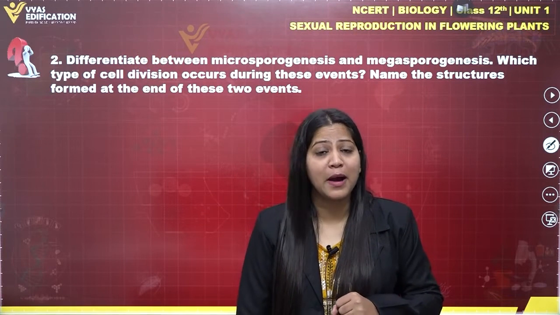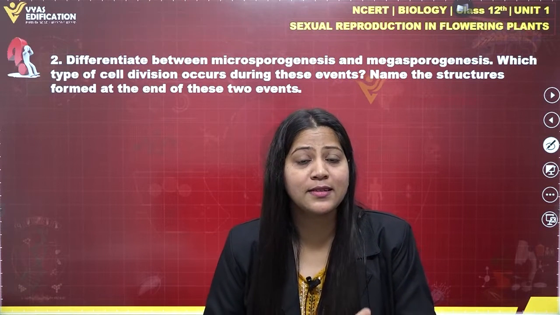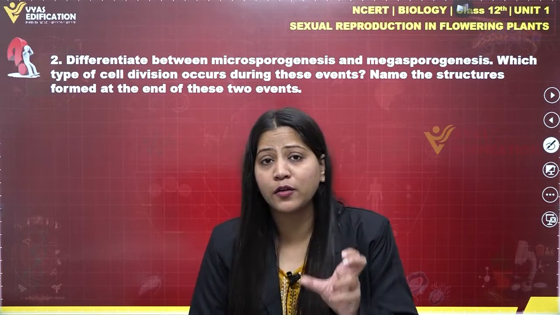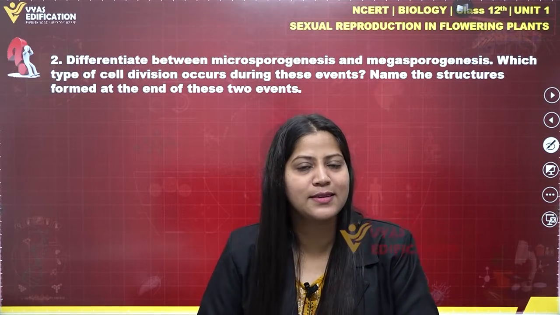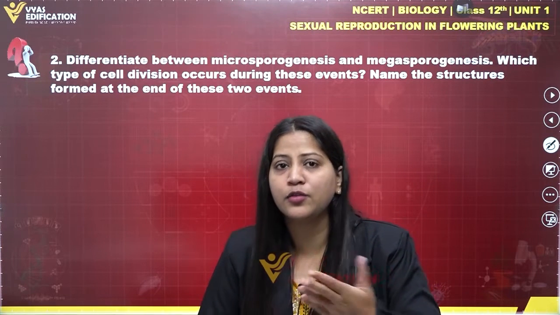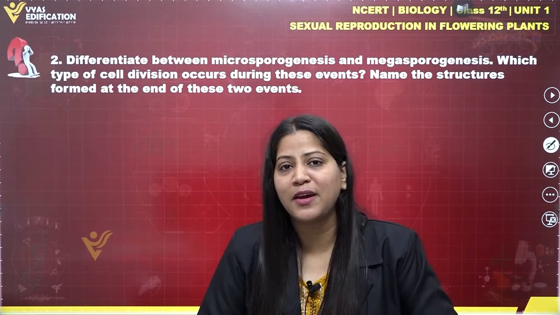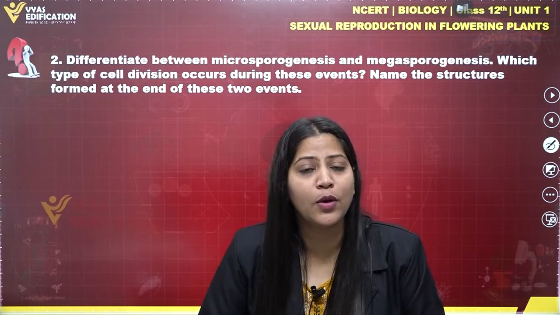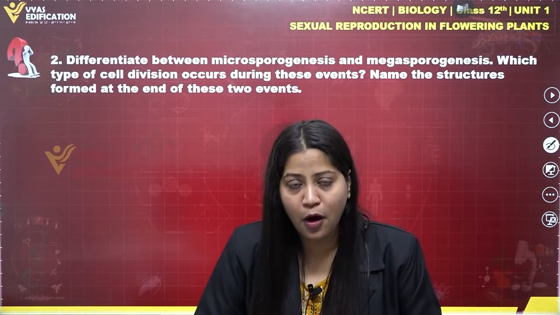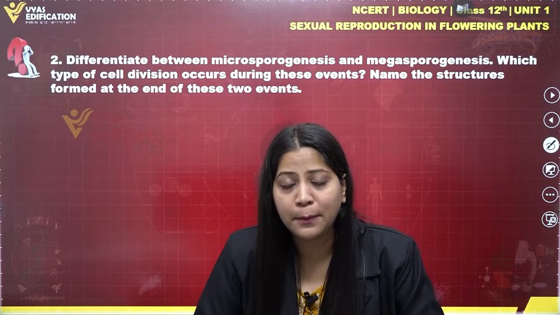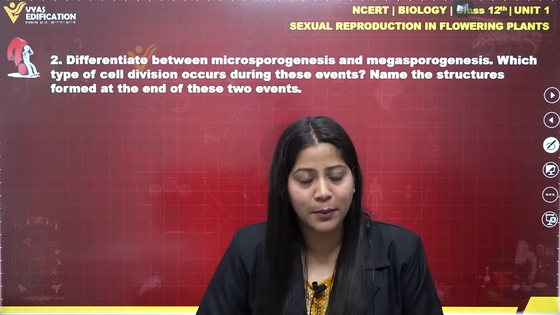In case of microsporogenesis, as the name suggests, it is the process in which the microspores are going to be formed. What are these microspores? These microspores are nothing but pollen grains. These pollen grains are going to be formed from the diploid pollen mother cell or microspore mother cell.